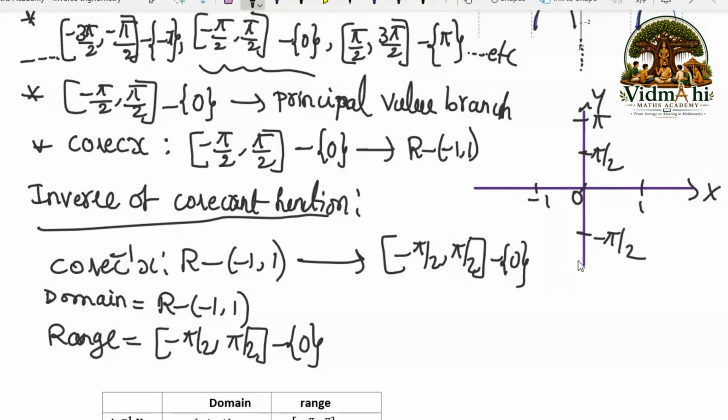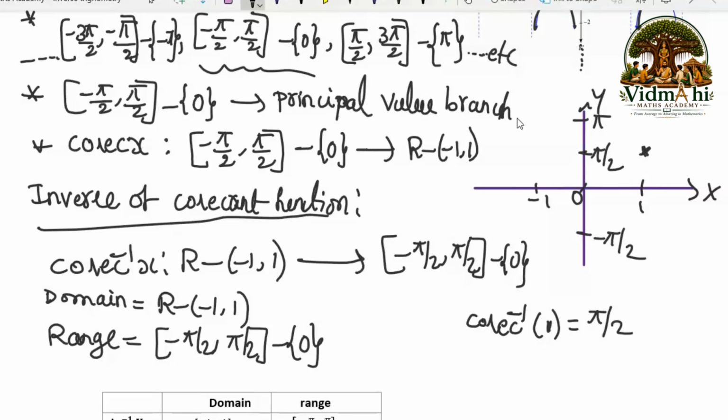Now first tell me cosec inverse 1. That means where the cosec function value is 1, at 90. So cosec inverse of 1 is 90.